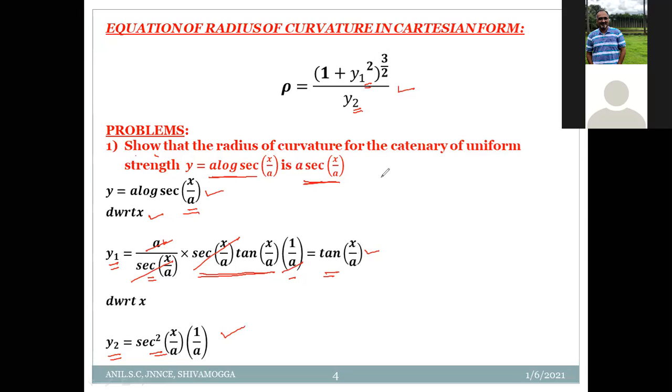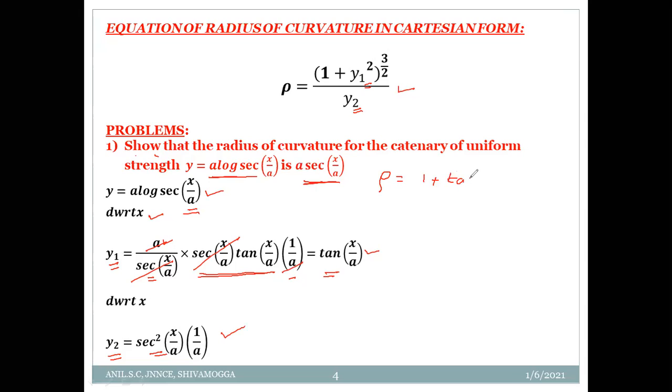Now, radius of curvature rho is equal to (1 plus y1 square) whole power 3 by 2. What is y1 here? y1 is tan x by a. Therefore, y1 square is tan square x by a. This is divided by y2, and y2 is secant square x by a into 1 by a.